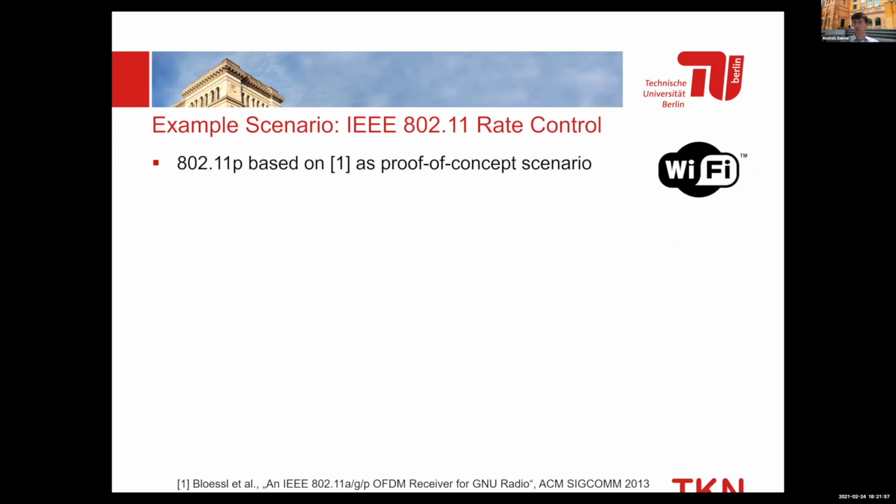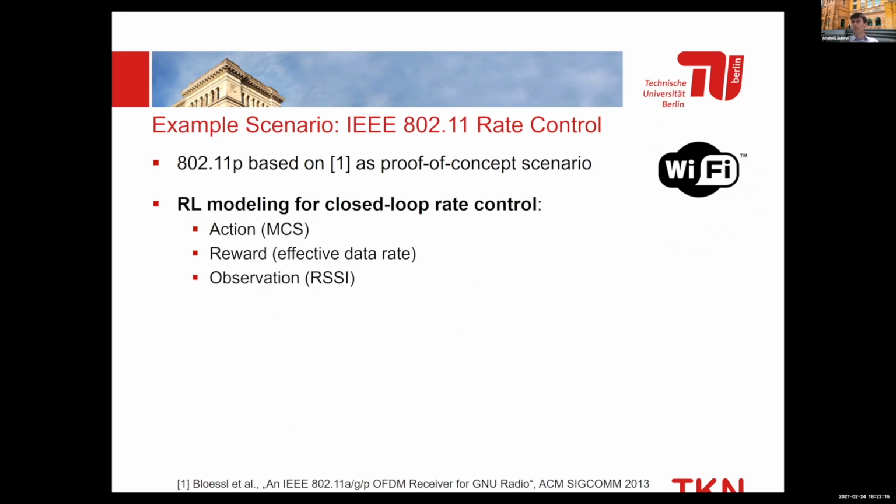Okay, so as a proof of concept, we provide a specific scenario for GrGym. And the scenario is very simple. We have a point-to-point communication using wireless LAN, and we use the 802.11 implementation from Bloessl. And here we want to do what's also called closed-loop rate control.